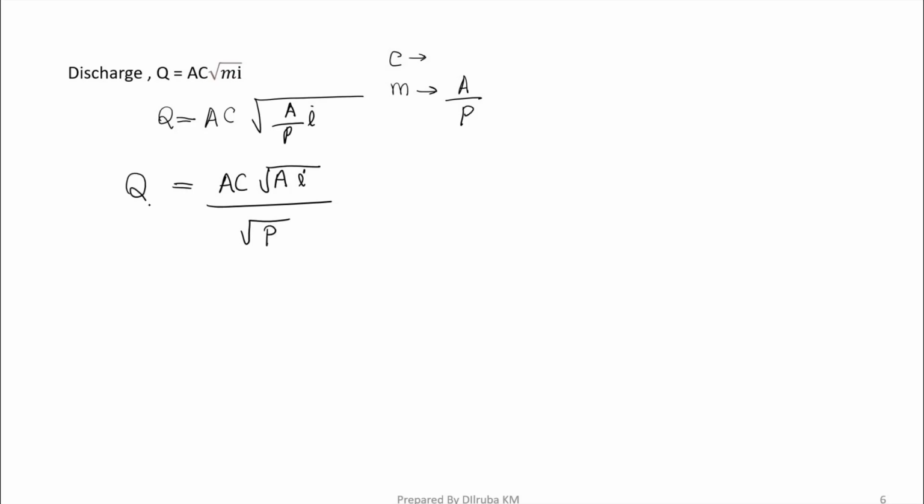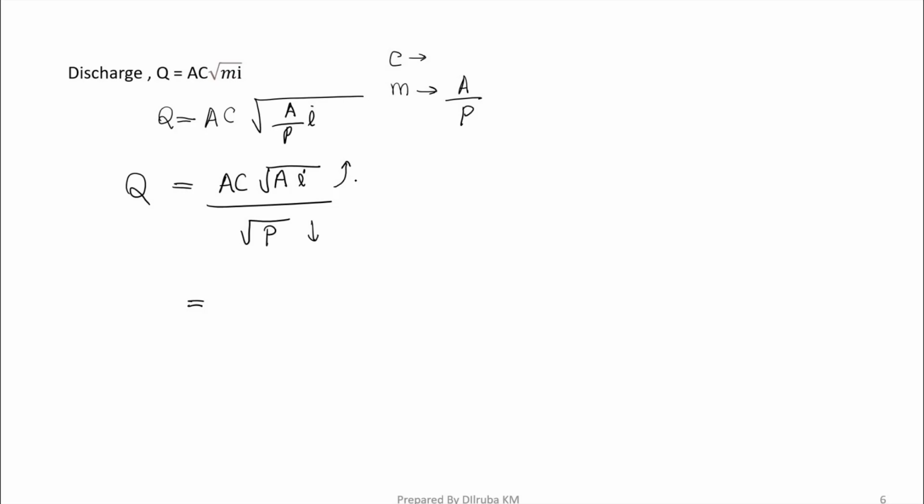Okay, so my aim is to maximize the discharge, right? In order to maximize the discharge, I can either increase the numerator or I can reduce the denominator. In either way, I can make this discharge maximum.